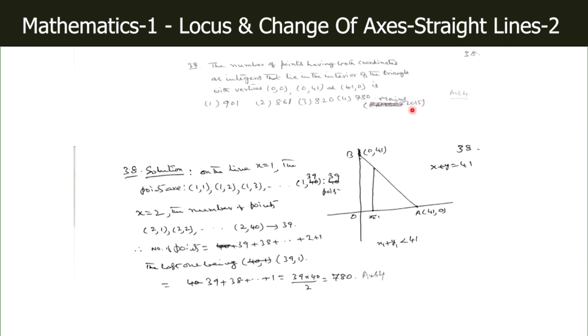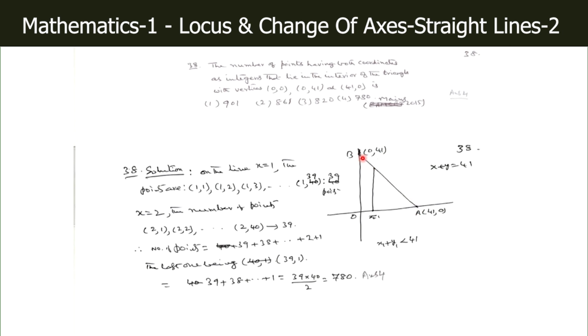This was asked in Mains 2015. Now, here see, points with integral coordinates means the coordinates must be integers. Here you are given a right angle triangle with the right angle at the origin, and A is equal to (41, 0) and B is equal to (0, 41).